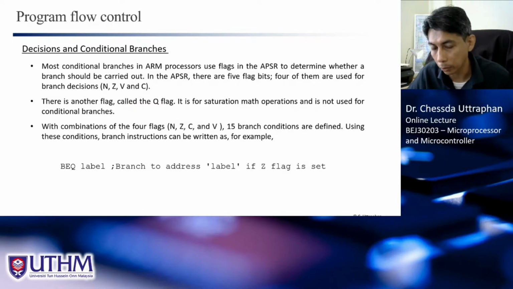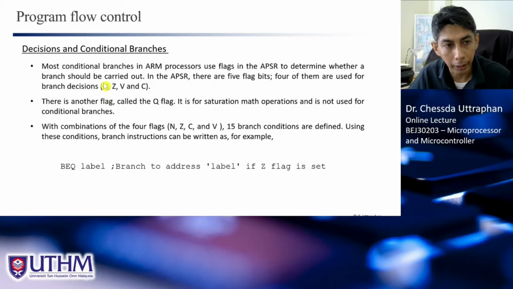What the computer does is A minus B, just like we did in the design of the comparator in digital design, where if we want to compare numbers, we use subtraction, A minus B. If the result is positive, we know that A is greater than B. If the result is negative, we know that A is less than B. And if the result is 0, it means that A equals B.